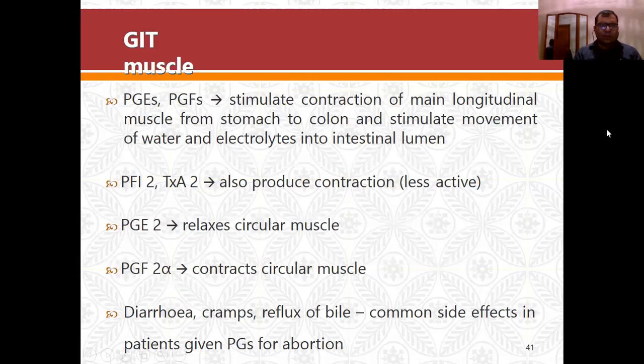PGI2 and thromboxane A2 also produce contraction, but are less active. Prostaglandin E2 relaxes circular muscle. Prostaglandin F2A contracts circular muscle. Diarrhea, cramp, and reflux of bile are common side effects in patients given prostaglandin for abortion.